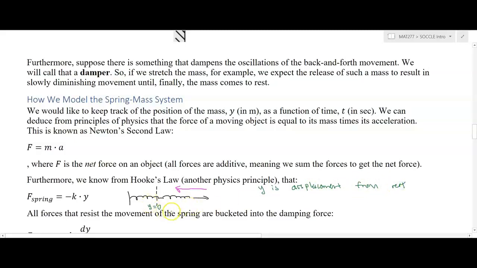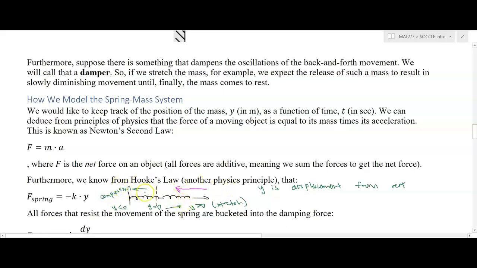So if you put no compression or stretch on that spring itself, it would want to stay coiled up right here and stay stable at y equals 0. Now we're going to define any movement going this way to be y greater than 0. That's going to be a stretch. And we're going to define y less than 0, so if you go this way, to be a compression.